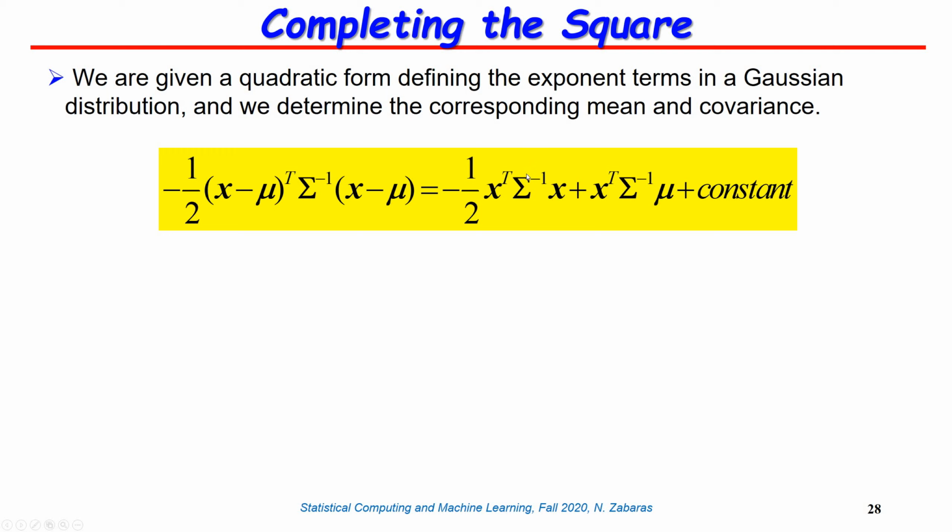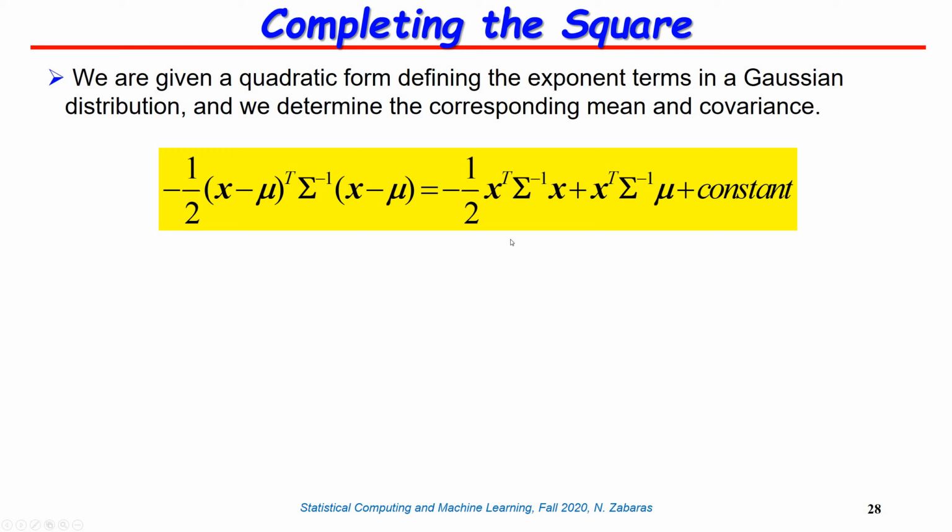Once you identify this and you say this matrix sigma is going to be the covariance of the corresponding Gaussian, you will have this term explicitly in your calculation, sigma inverse m, and then you can identify from there what the value of mu is. If we call sigma inverse times mu a vector m, then mu will be sigma times m, where sigma is identified again from the quadratic term.